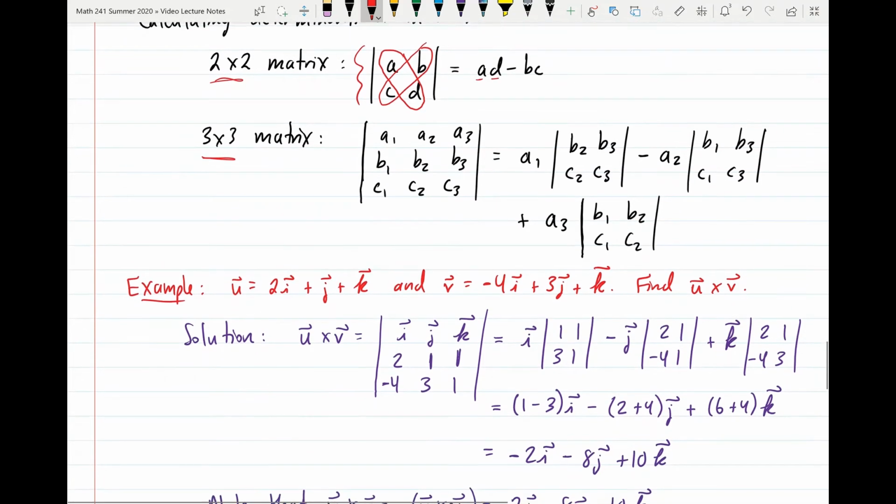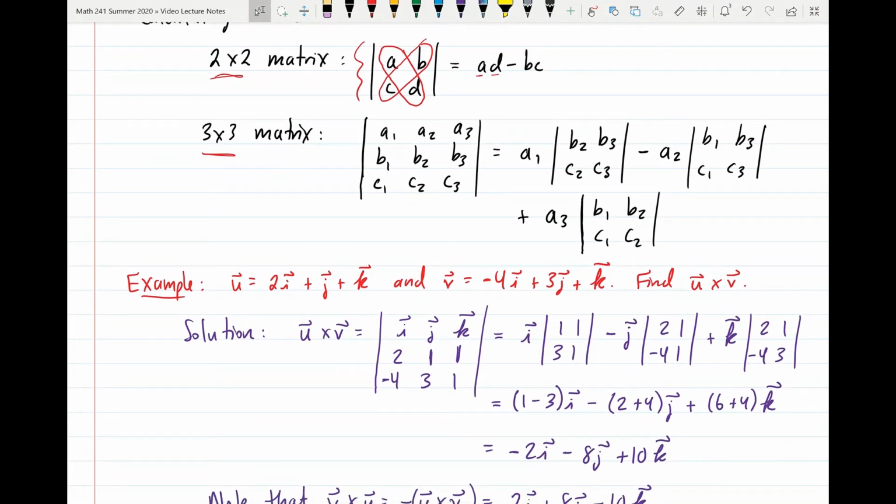Now for a 3 by 3 matrix, the first thing we want to do when finding the determinant is go through all of the terms inside of the matrix, and you want to put a plus, minus, plus next to the terms in the first row, a minus, plus, minus next to the terms in the second row, and then a plus, minus, plus next to the terms in the third row.